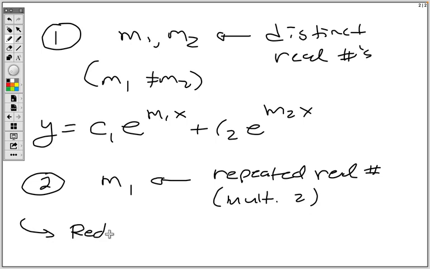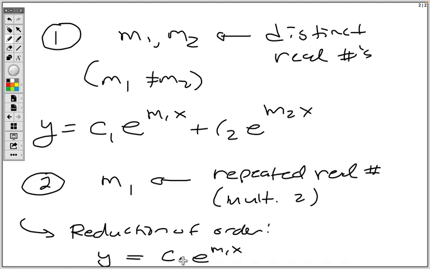We use reduction of order, so in this case we get c1 e to the m1x, and then we make the assumption that the second linearly independent solution is just going to have a variable coefficient instead of a constant coefficient, and it turns out the variable is just x. You just have to slap an x on, so e to the m1x and x e to the m1x. Once again we verified via the Wronskian those are linearly independent, and so that gets us our general solution.